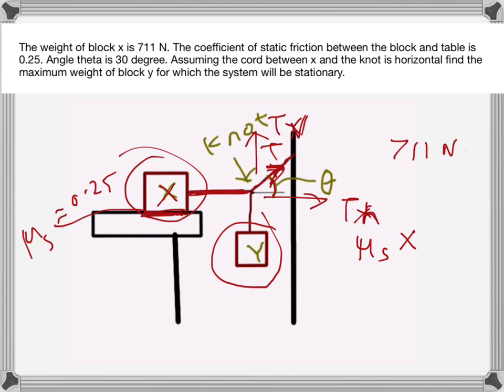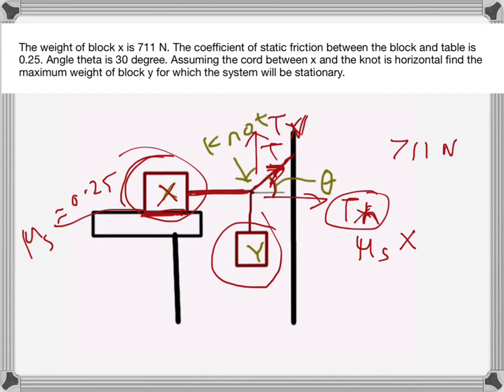So the horizontal forces that are acting are this one, and the other one is mu s X. Mu s X is of course holding the box from moving in that direction.